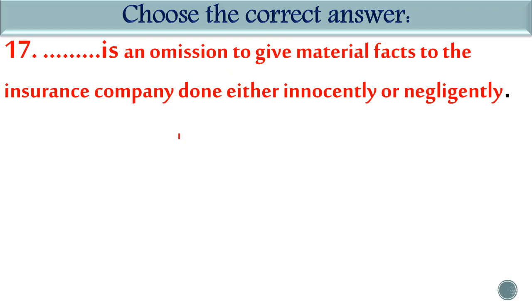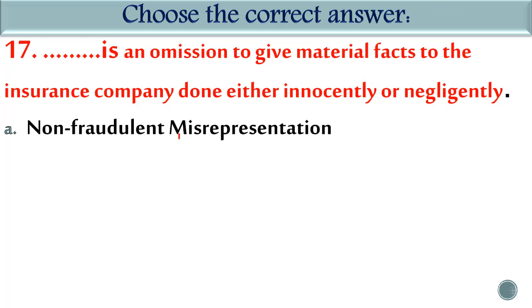Number 17, an omission to give material facts to the insurance company done either innocently or negligently. Types of breaching: a non-fraudulent breach is committed innocently or negligently rather than fraudulently. Fraudulent misrepresentation is an act of fraudulently giving false material facts to the insurance company.